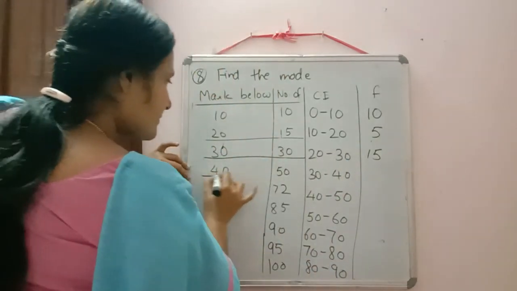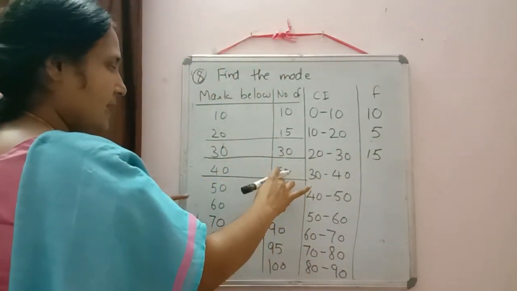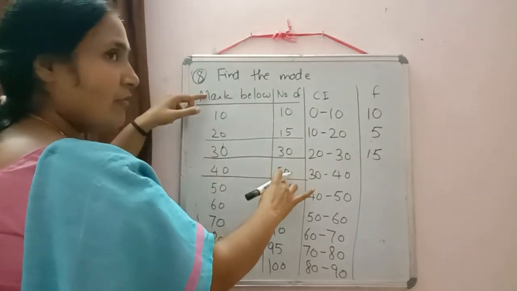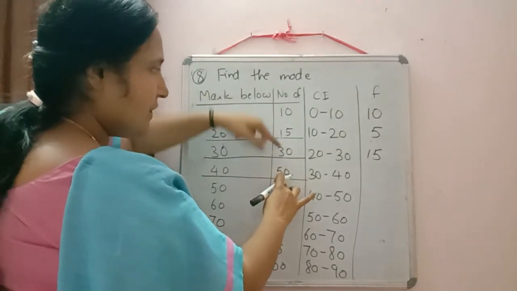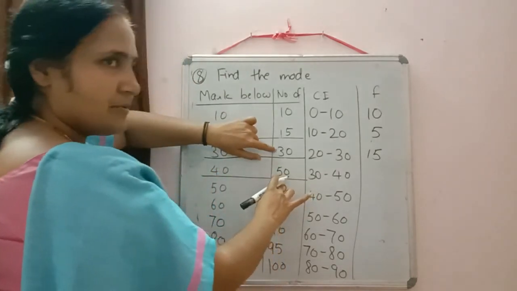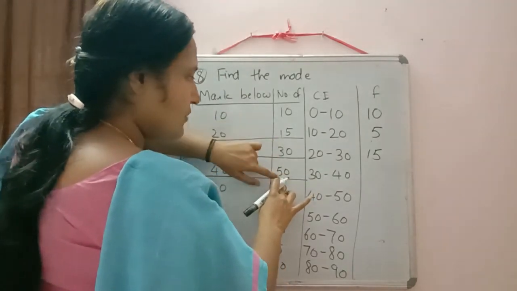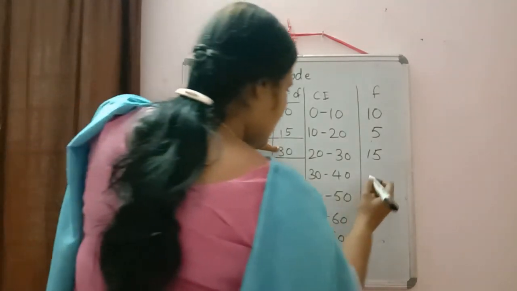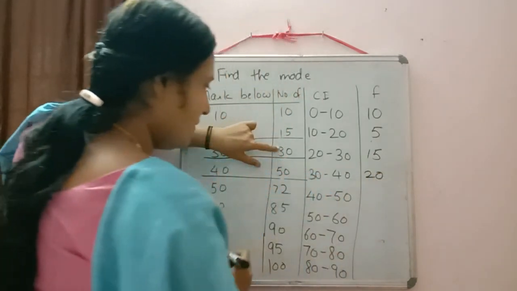Then 50 students have marks below 40, and 30 are already included, so we subtract 50 minus 30, which is equal to 20.